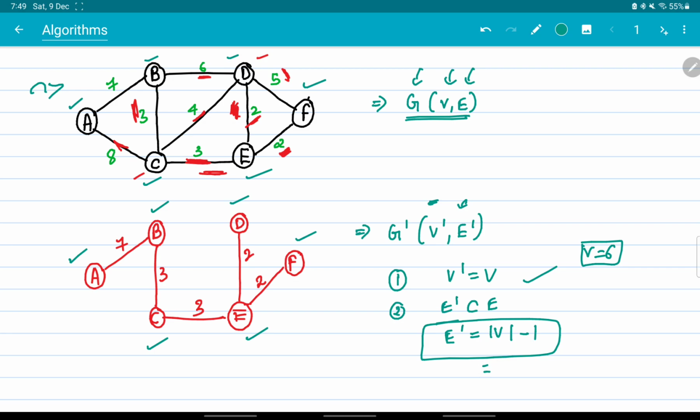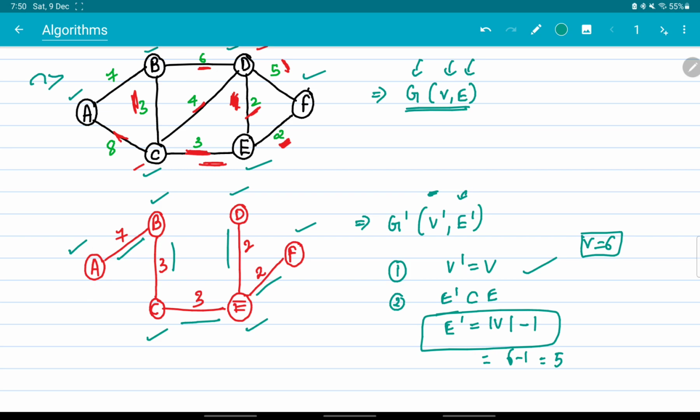So the edges of the minimum spanning tree will be 6 minus 1, that is nothing but 5. Now you can count the number of edges. This is the first edge, second edge, third, fourth and fifth. So you can see here that we have got 5 edges in our minimum spanning tree. So with this you can make out that your minimum spanning tree is correct. So these are two rules that, if they ask you, you can say that these are the rules to verify your minimum spanning tree.